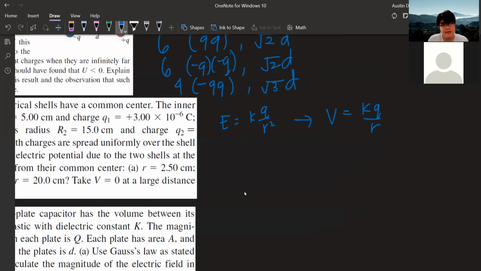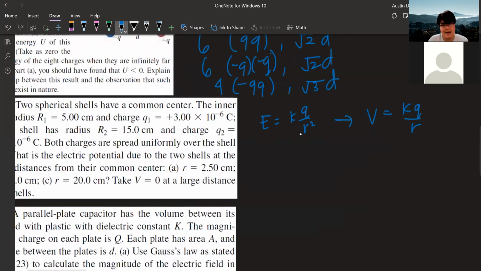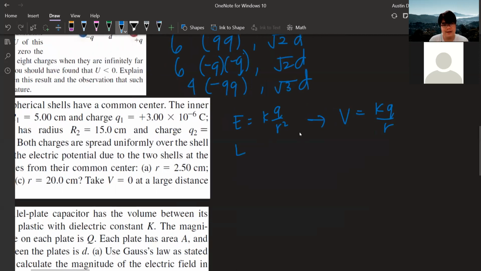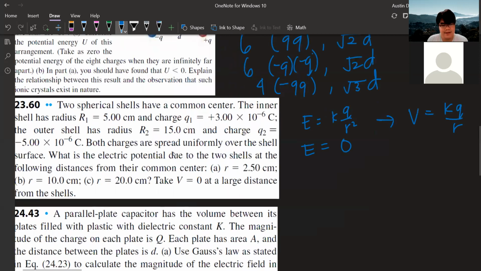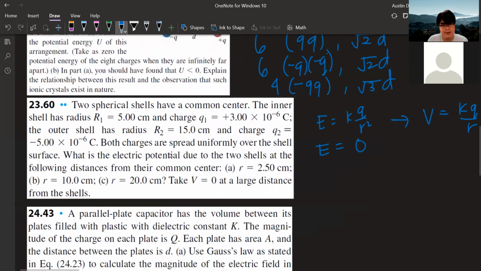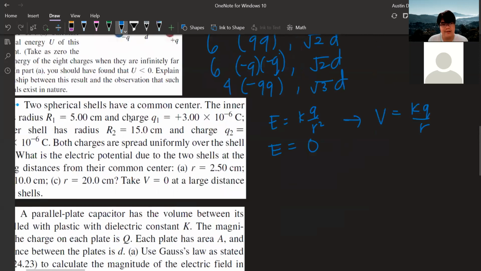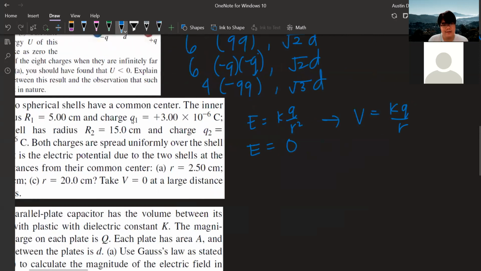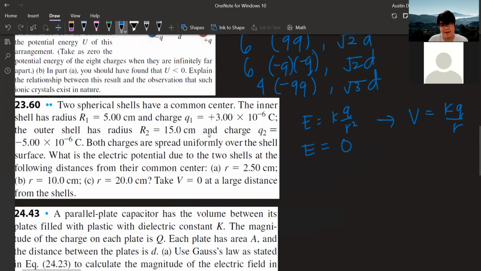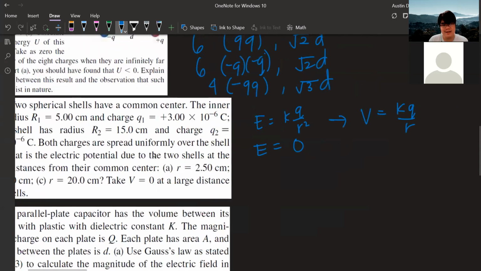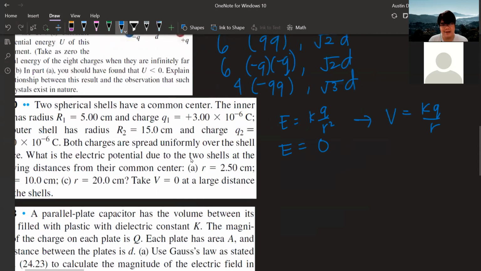Okay? And then, for a shell, alam natin that E0 inside of that shell, kasi by Gauss's law wala kang ma-enclose na charge, di ba? Kasi nasa surface lang ng shell lahat.